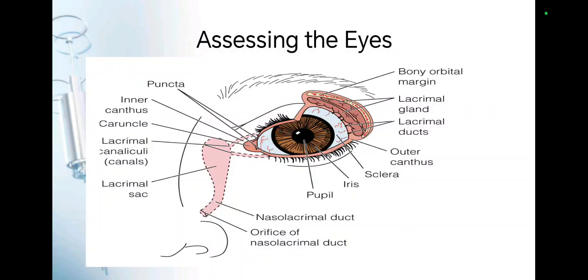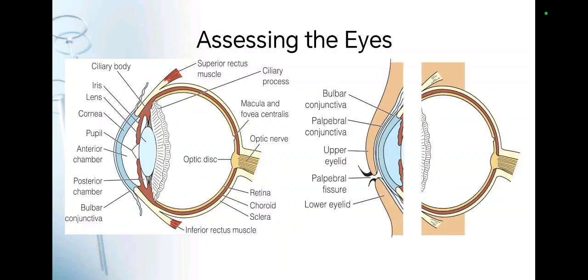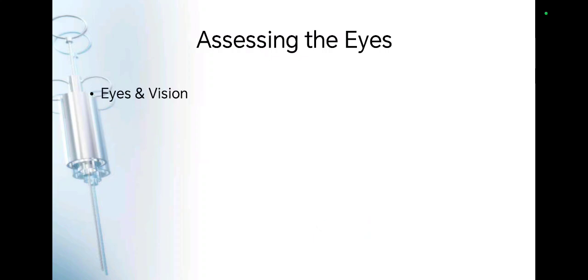These are the structures you need to inspect in your patient's eyes. For the internal examination, we have the ciliary body, the optic disc, the retina, the choroid, and the sclera. Now, how do we check the eyes of the patient?